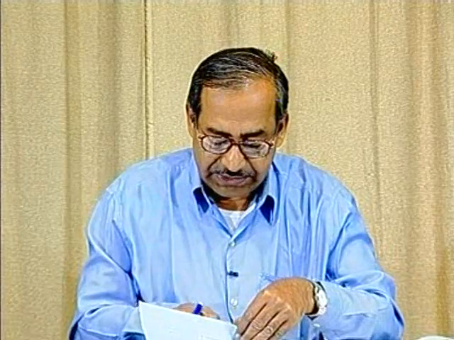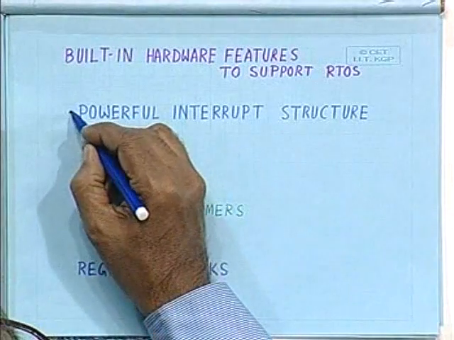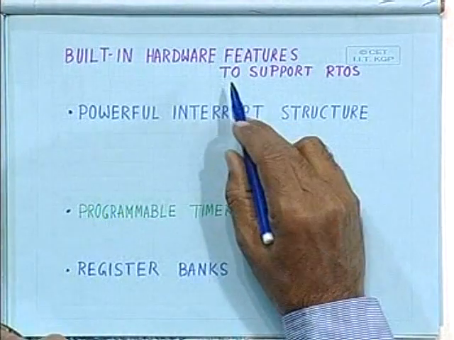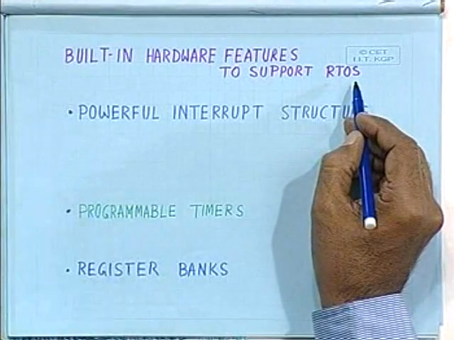Now let us consider what are the important built-in features that you expect from the processor to implement such a real-time operating system, or rather what are the built-in features needed in a processor that will allow easy implementation of a real-time operating system. We have identified three important features which are useful in supporting a real-time operating system.